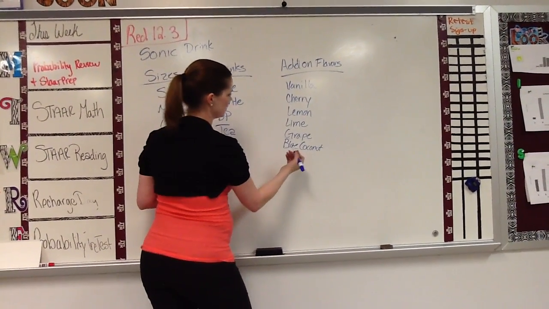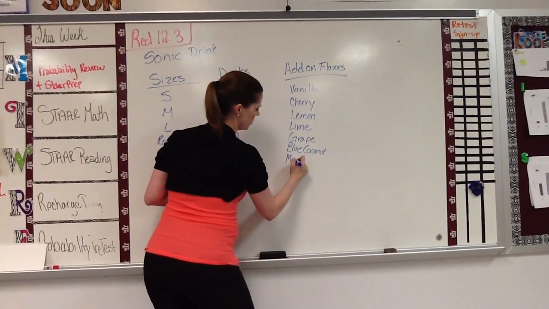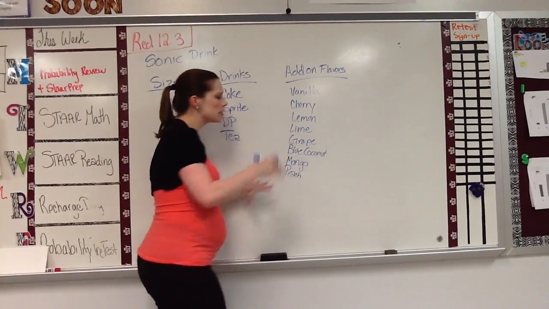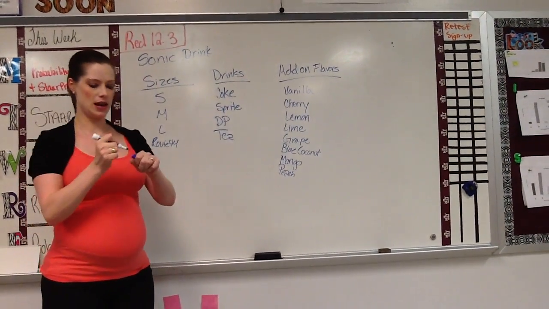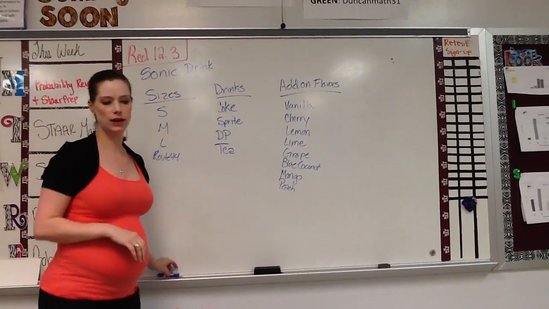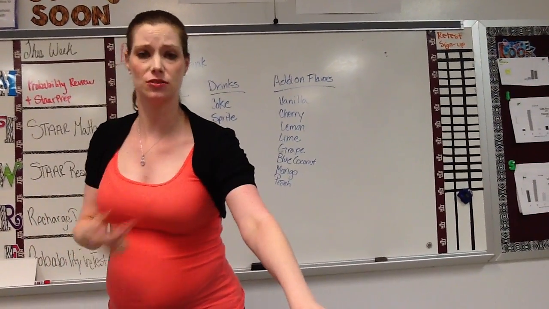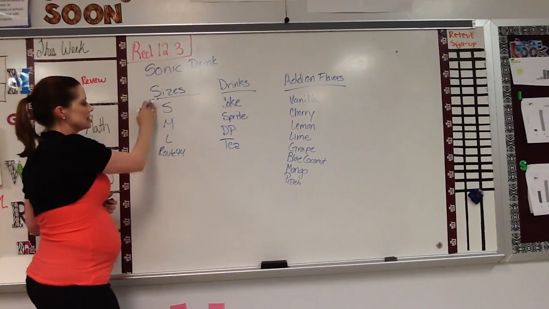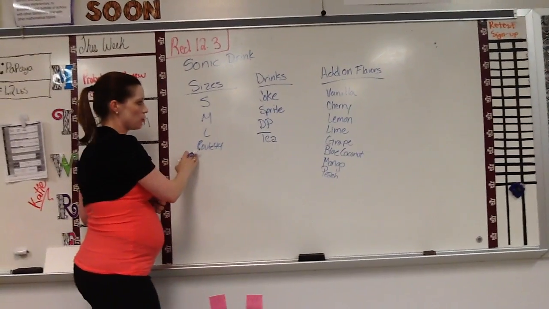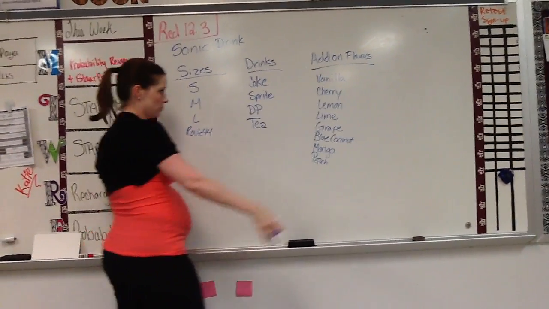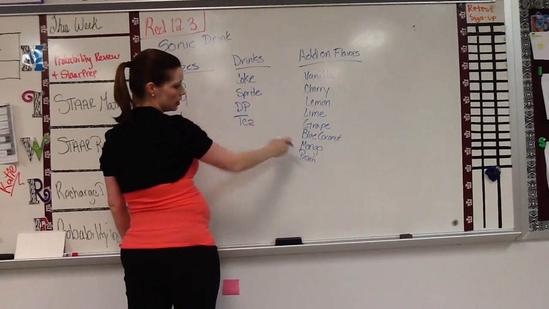They've got mango now, and I think they've got peach, and low-calorie cherry. They've got all kinds of stuff. I know they've got an apple in there, but that's enough for now. This is a great extra credit project if you actually figure this out. How many drink options are there really? Sizes: small, medium, large, Route 44. Drinks: Coke, Sprite, Dr. Pepper, and tea, and we're not even adding in the slushies yet. Then add-on flavors.